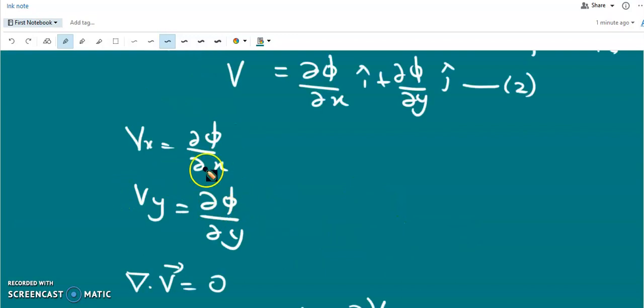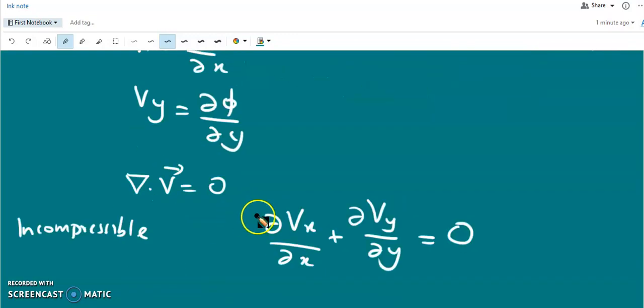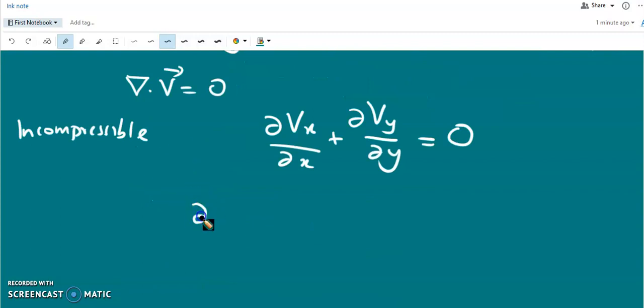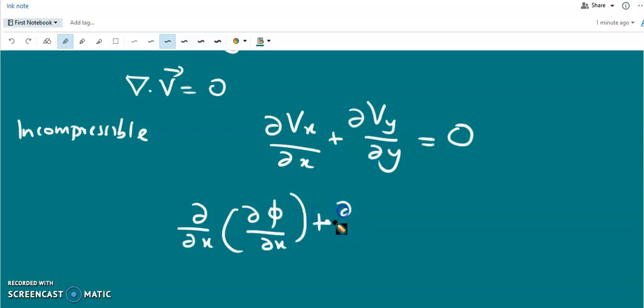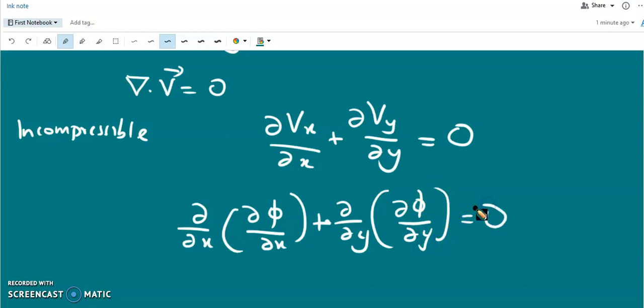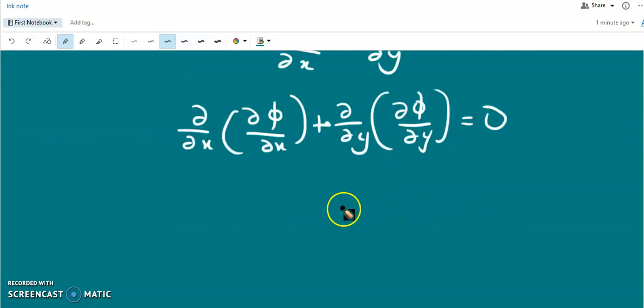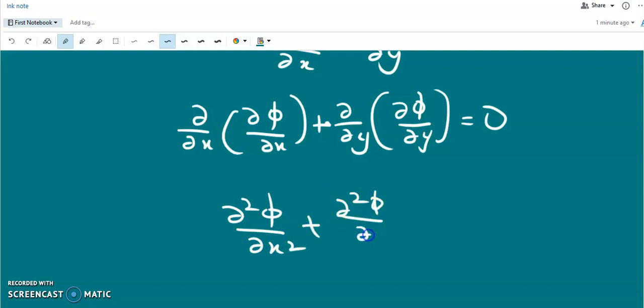So now we can substitute the values of vx and vy from here. So dou by dou x of vx, which is dou phi by dou x, plus dou by dou y of vy, which is dou phi by dou y, equal to 0. So this is nothing but dou square phi by dou x square plus dou square phi by dou y square equal to 0.